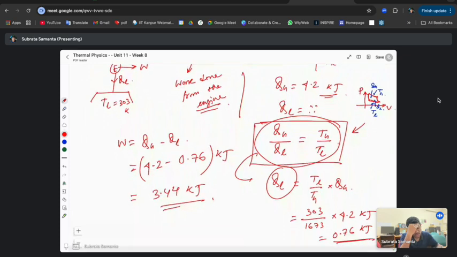So using these relations you calculate QL, because TL, TH and QH are all given. Once you calculate QL, you take the difference, and that's the answer. Yeah, any question?